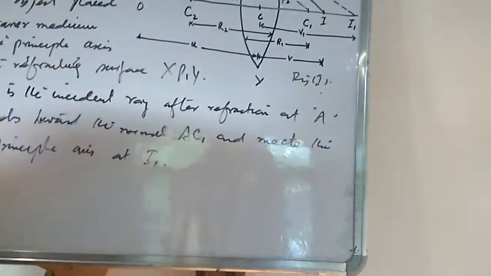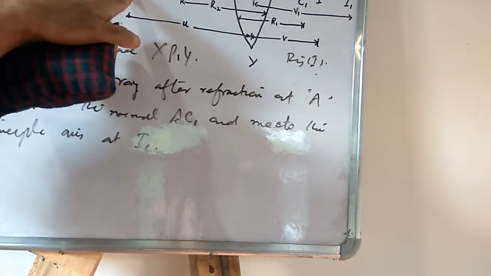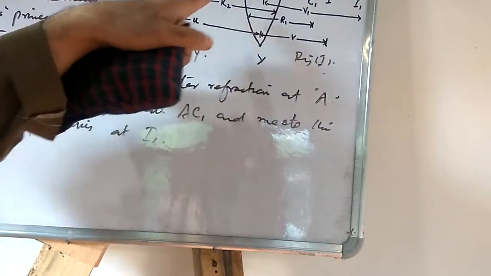So what is I1? I1 is the real image of the object O if the second surface XP2Y were not present.